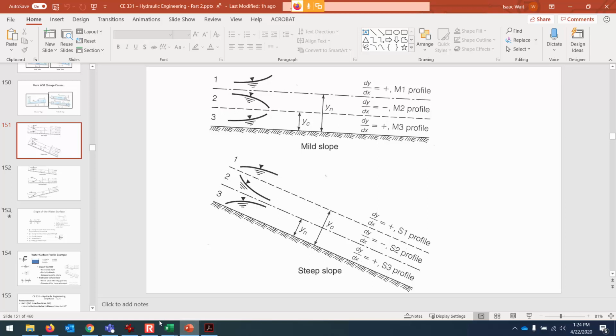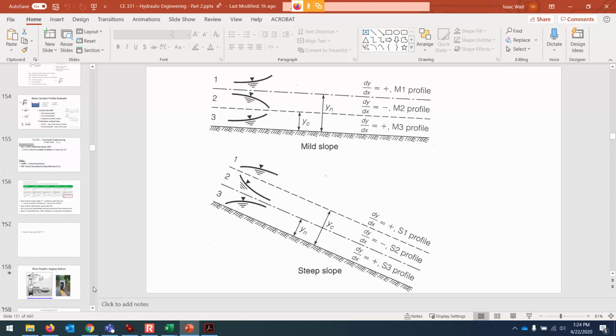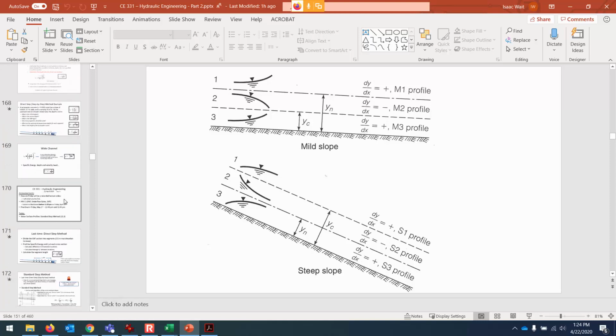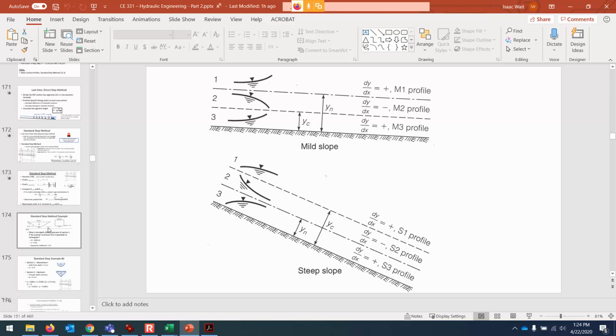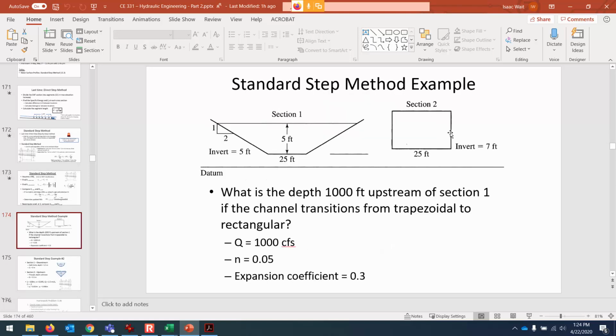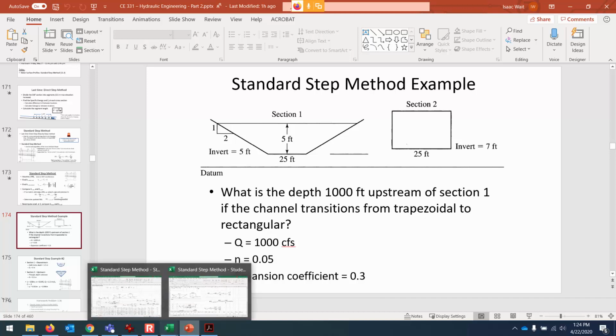Remember, our location 1 in this example is downstream, and that's where it's 5 feet of depth. We want to know, if we go upstream 1,000 feet, what the new depth is going to be. Where we measured, it's 5, and an M2 profile means it's getting deeper. So keep that in mind, because I'm going to start with a guess.